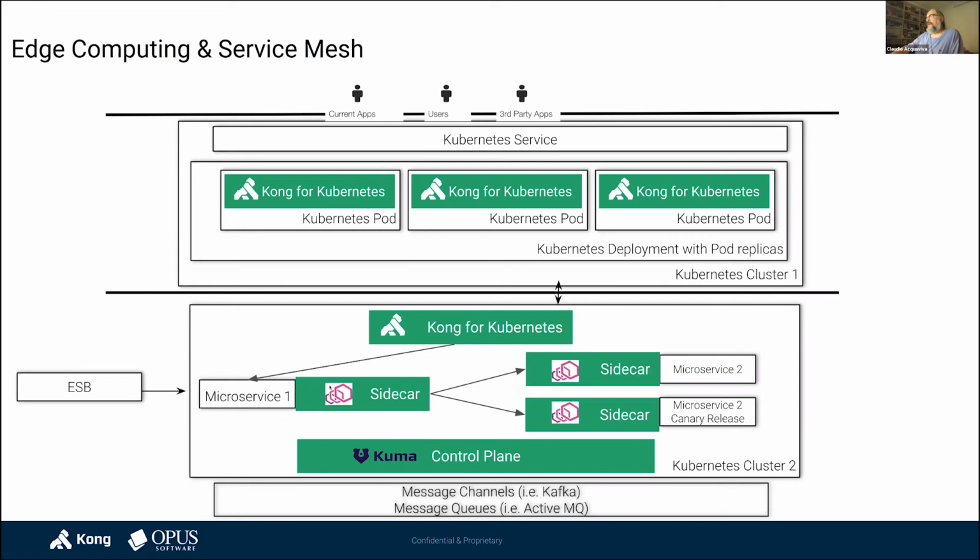So you want to inject the policy inside your sidecar saying that all the requests going to microservice number 2, in my example over here, 95% of the requests should go to the current release, first of all. And then only 5% is going to the canary release version, of course.